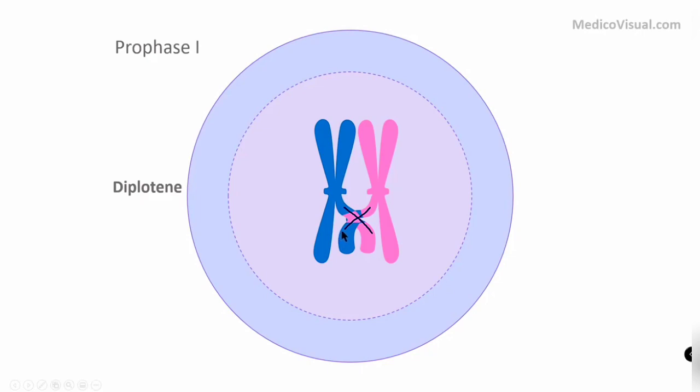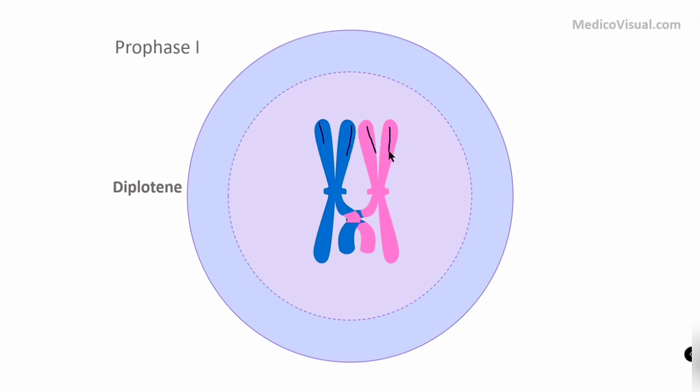Now the interesting thing is that homologous chromosomes are also called bivalent. This is one chromosome and this is the other chromosome. These are two, so we call this a bivalent arrangement of chromosomes. But how many chromatids are here? 1, 2, 3, 4.